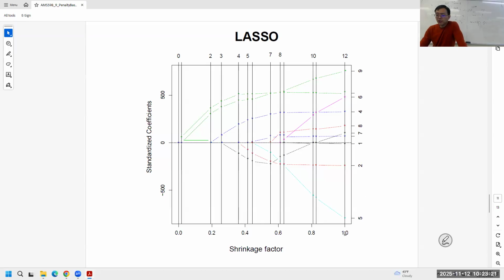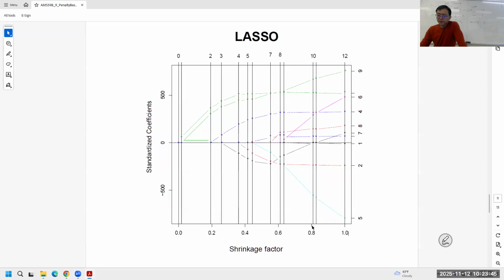When the shrinkage factor equals 1, this is the least squares estimation. If you draw a vertical line, you can see the estimates for x1, x2, x3, 4, 5, 6, 7, and so on. These are the coefficients corresponding to least squares.